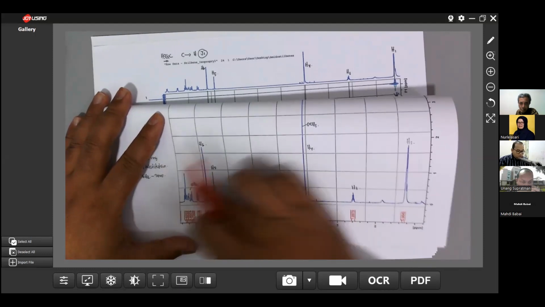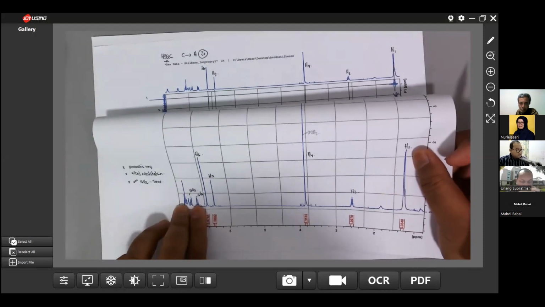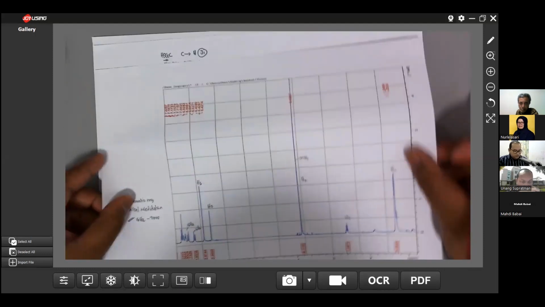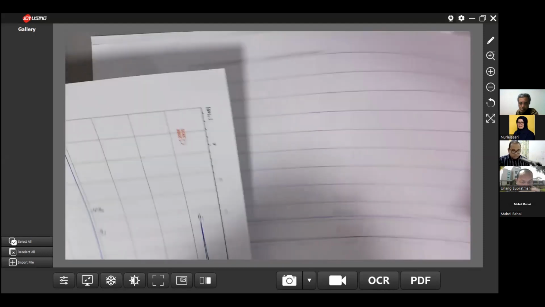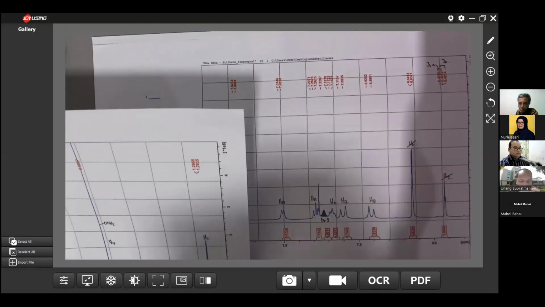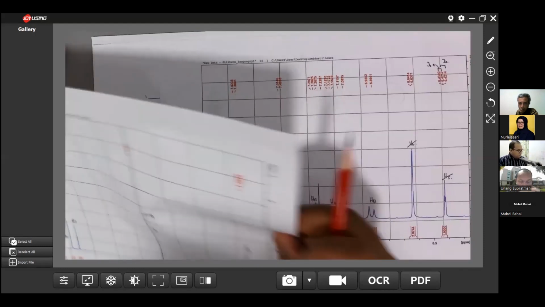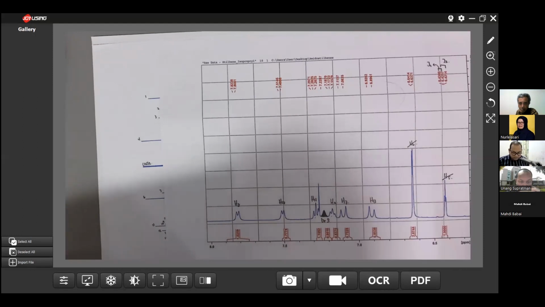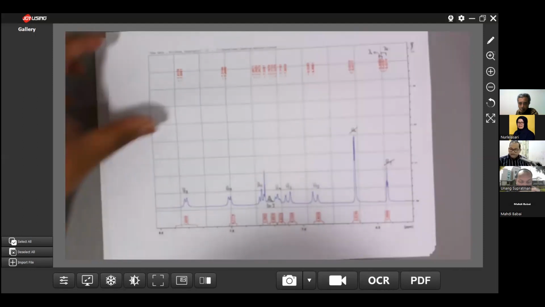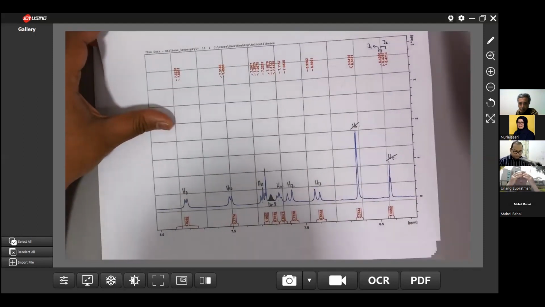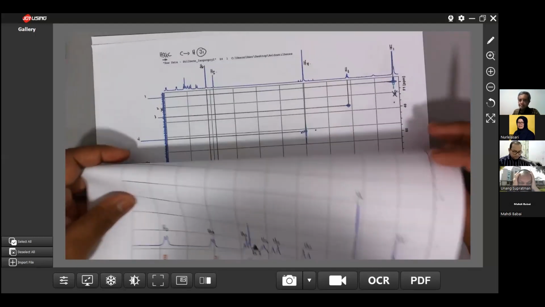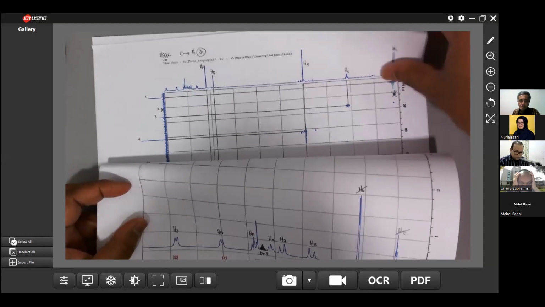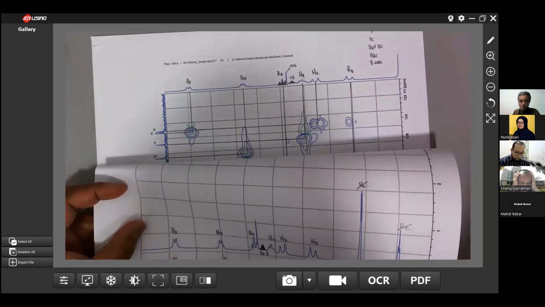This is quite messy in these regions, so what you have to do is expand this one. After we expand, I think I already gave you the expansions. My table is quite small, so after the expansion it becomes like this. We expand the COSY also, and it becomes like this.